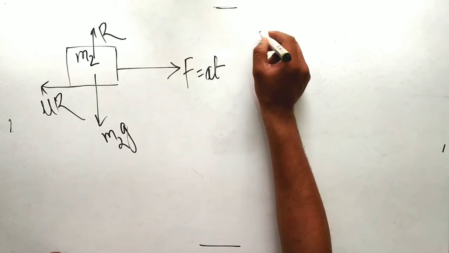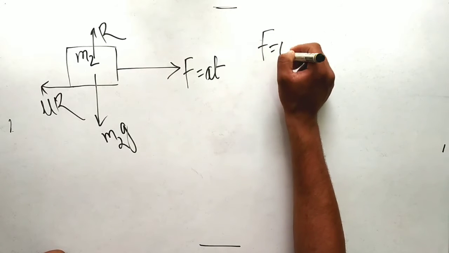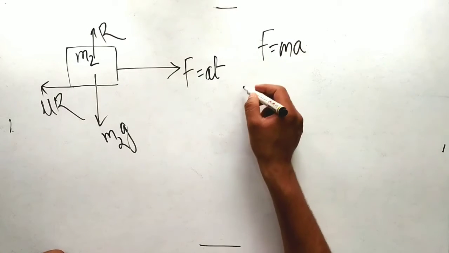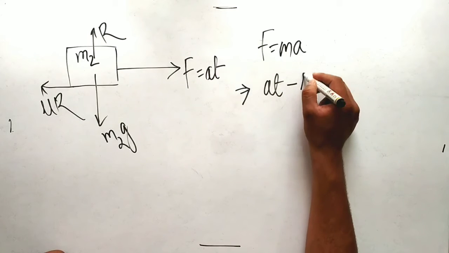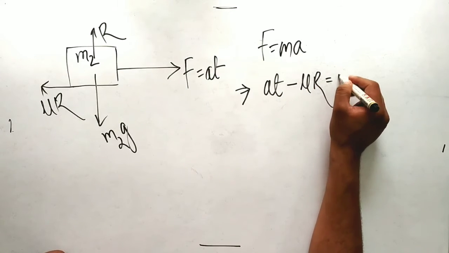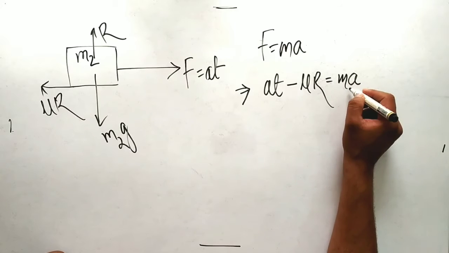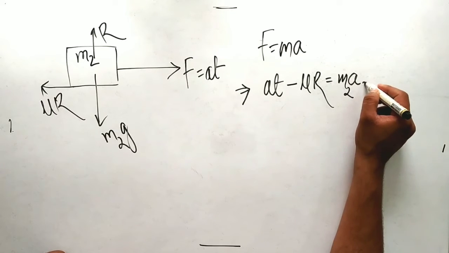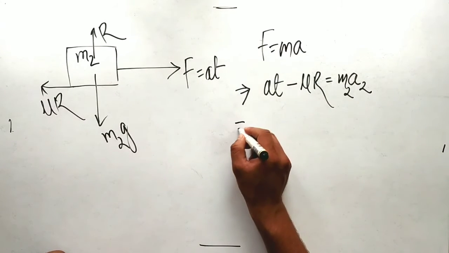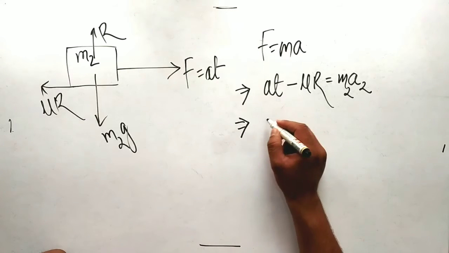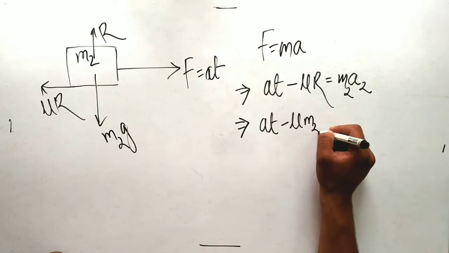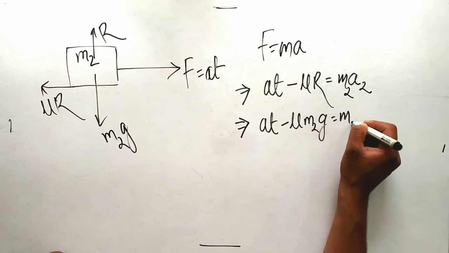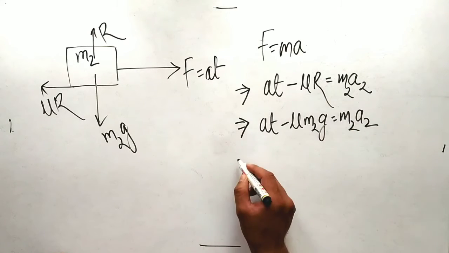The equation for this bar m2 is going to look like AT minus mu R equals m2 A2. AT minus mu times m2 g is equal to m2 A2.